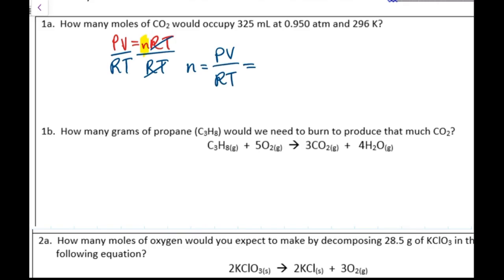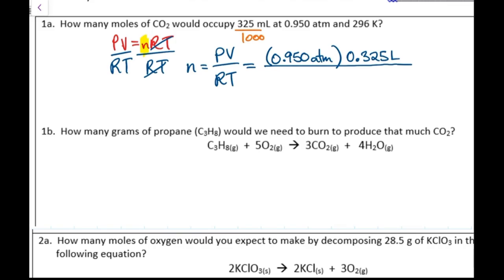And then I just have to plug in the values that were given in the problem. So my pressure is 0.95 atmospheres. My volume is 325 milliliters, but I want you to think about how many liters that would be. Basically, we're just taking that number and dividing by 1,000 if we want to go to liters, right? So it would be 0.325 liters.